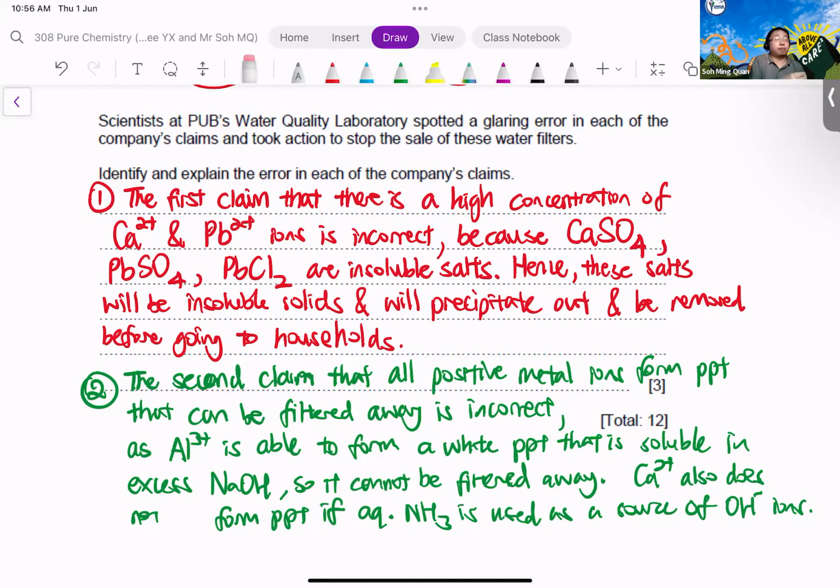Now, you have to make certain assumptions, I agree, because you are not certain if they are referring to NaOH or ammonia, but you realize even if you had assumed it's ammonia, the statement is still incorrect because Ca2+ doesn't even form a PPT. If you assume it's NaOH, the statement is still wrong because Al3+ will form a PPT that is soluble in excess NaOH, so it can't be filtered away either. So the statement will always be wrong regardless of whether it's NaOH or ammonia.